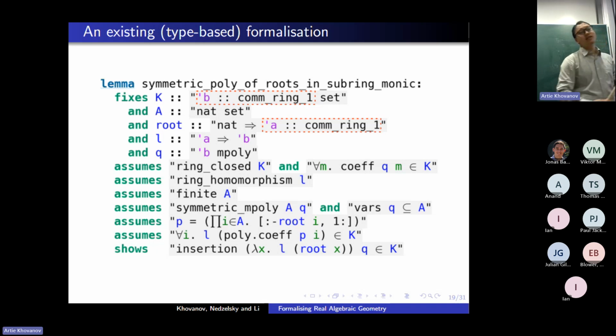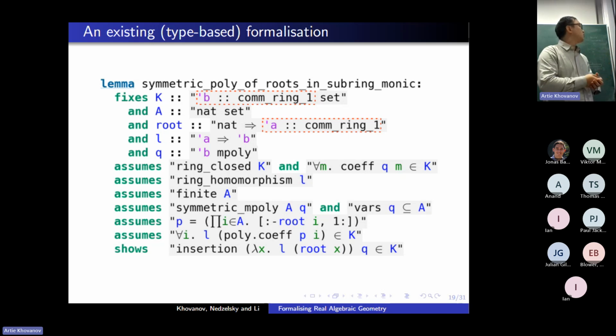As Artie just said, these are type classes. With this constraint, when we instantiate these variables to concrete types, these concrete types need to satisfy certain assumptions and contain certain definitions. So here, these are commutative rings.